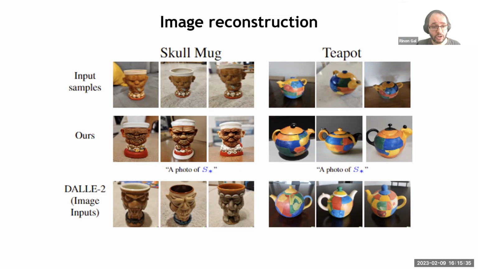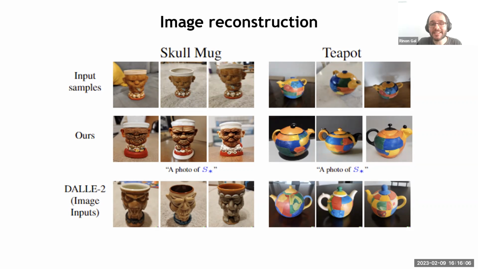And here are the reconstructions using our method and using DALL-E 2, where DALL-E 2 is actually conditioned on a CLIP image latent. The way we create these variations with DALL-E 2 is by encoding our training images, the images in the top row, using CLIP, and recreating the object by feeding this CLIP encoding into the DALL-E model. Okay, so you can see that the reconstruction here is worse.